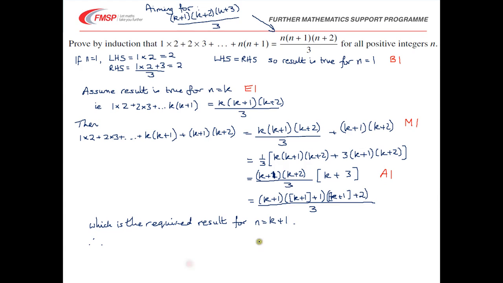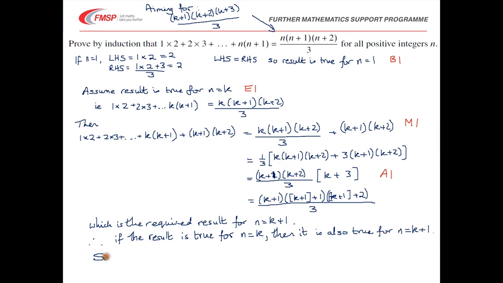And then we need to finish off carefully. Therefore, if the result is true for n equals k, then it is also true for n equals k plus 1.